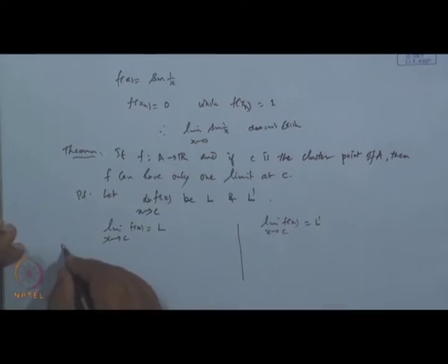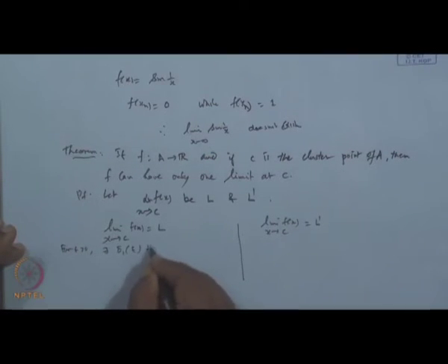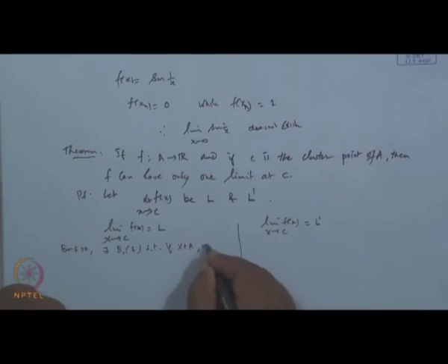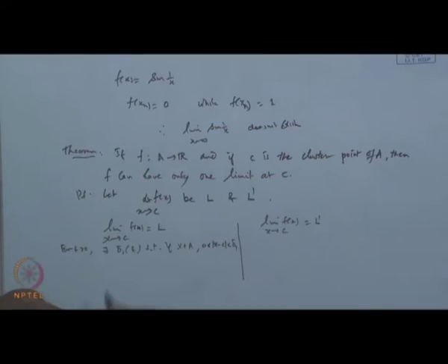For a given epsilon greater than 0, there exists a delta 1, depending on epsilon by 2, such that if x belongs to A and 0 is less than mod x minus C less than delta 1, then mod of f x minus L is less than epsilon by 2.